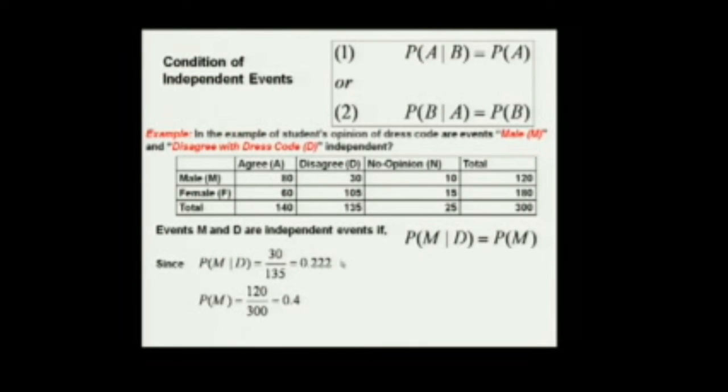Now, as you can see here, the two probabilities are not the same. And if the two probabilities are not the same, then the M and D events are indeed dependent. And that's very important to know, that the fact that some students disagreed will depend on their gender being male.